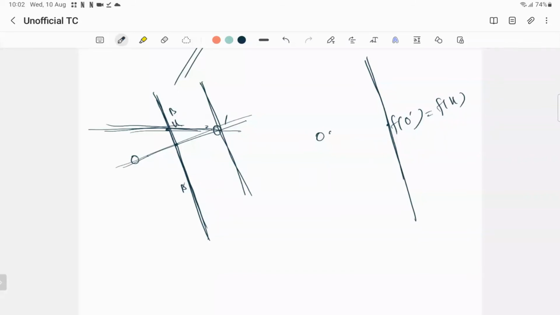Okay, but by symmetry, the reflection of O across this new line you added, f of that thing should also become equal to f of k. Right. Yes, that makes sense.